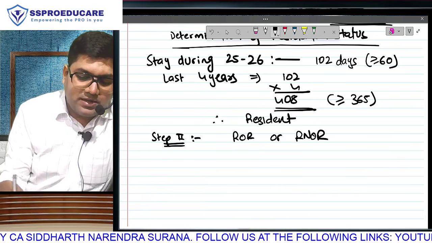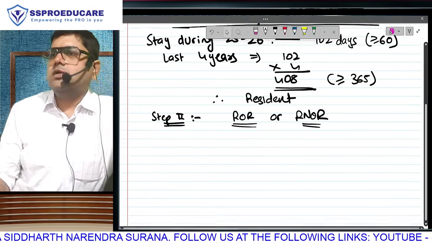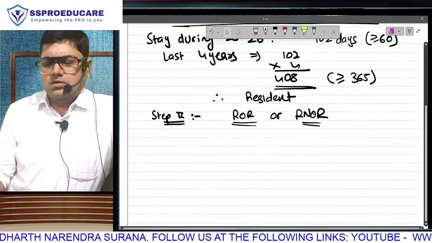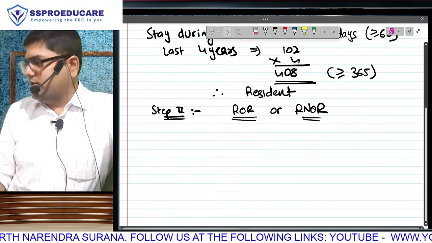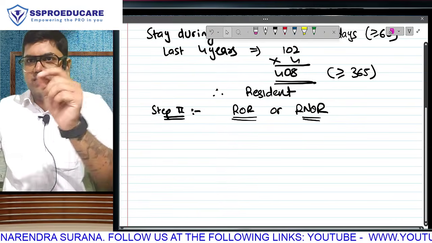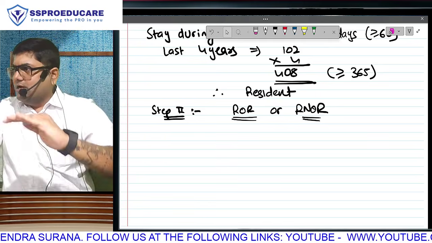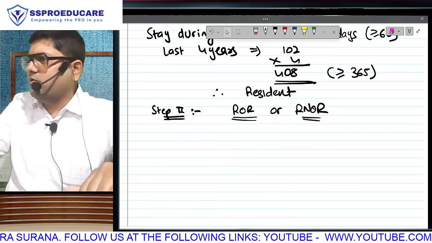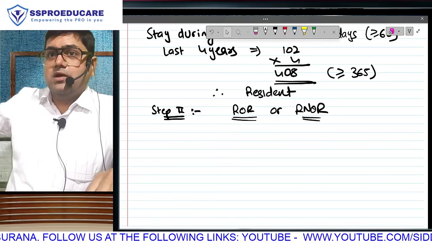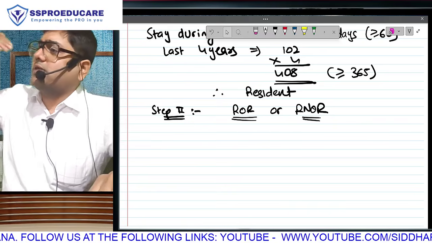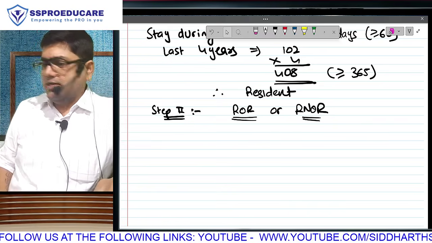What will you check? In the last 10 years, in any 2 years you are a resident. Now think about it. If he is doing 63, 65 this year, that means he is obviously doing 63, 65 in all years because 102 days every year. That means out of the last 10 years, he is a resident in all 10.